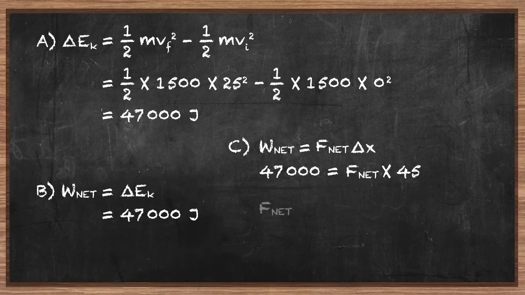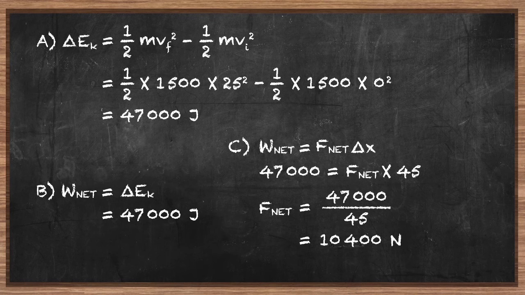Rearranging this formula, we get the net force is equal to the net work done divided by the displacement of the car. That is 47,000 joules divided by 45 m, which gives us the answer of 10,400 newtons.